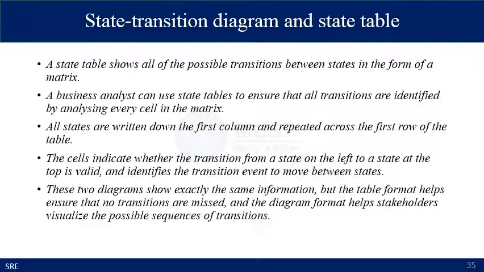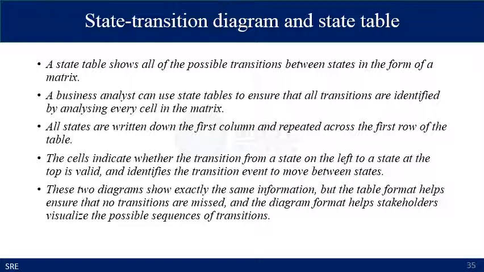Another way to represent states of an object or a system is by using a state table, which shows all the possible transitions between states in the form of a matrix. So a business analyst can use the state table to ensure that all transitions are identified by analyzing every cell in the matrix.